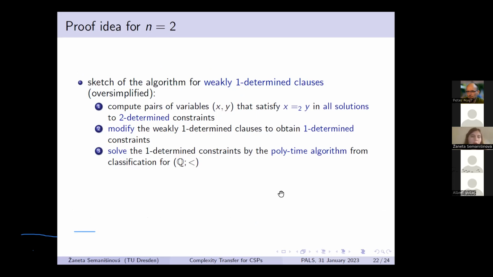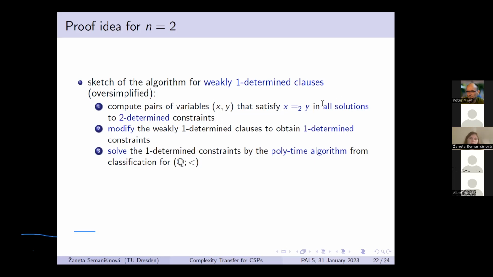So for weakly one-determined clauses, which as I said is something that we always have, it's not as straightforward as I try to present it here, but just to give you a glimpse of what the solution looks like. The idea is that weakly determined means something determined and then a bunch of disequalities. So we compute pairs of variables that satisfy equality in all of the solutions.